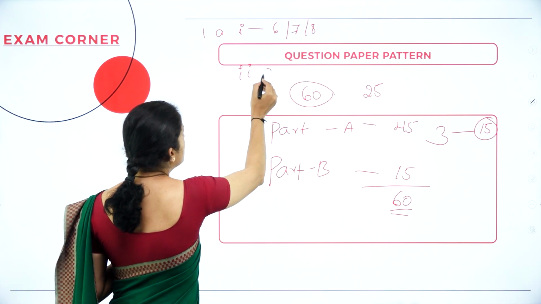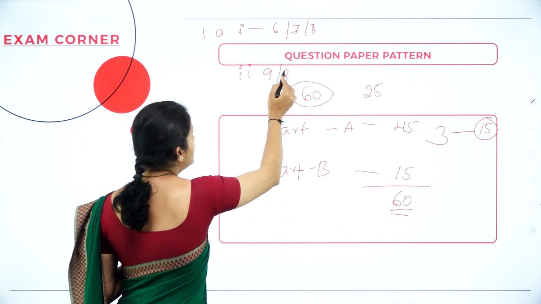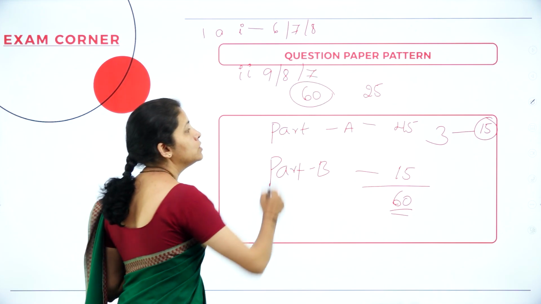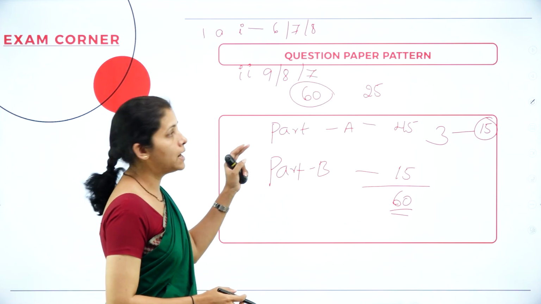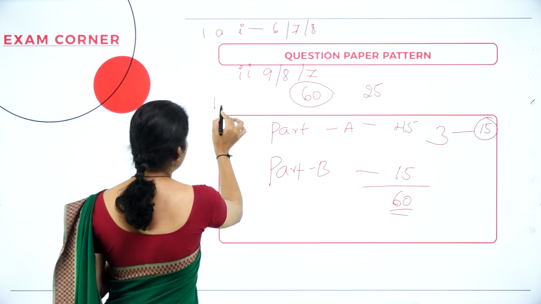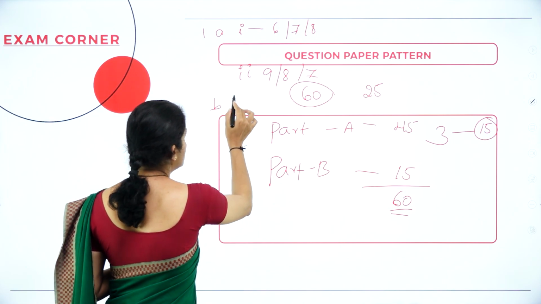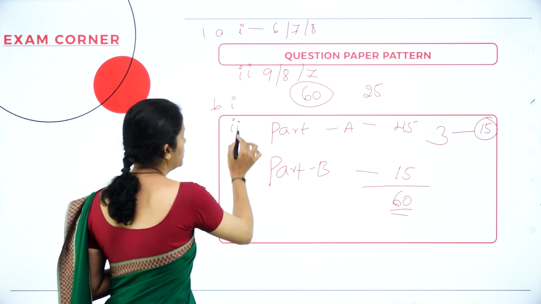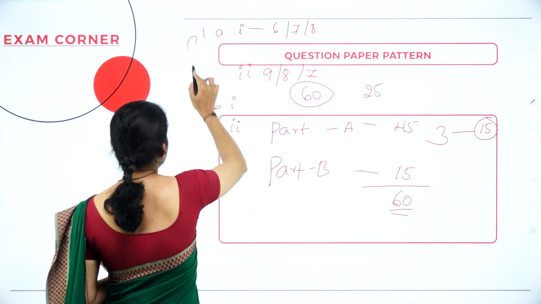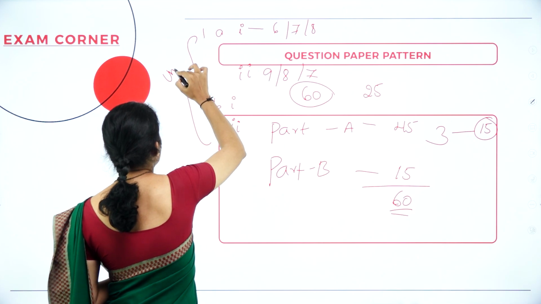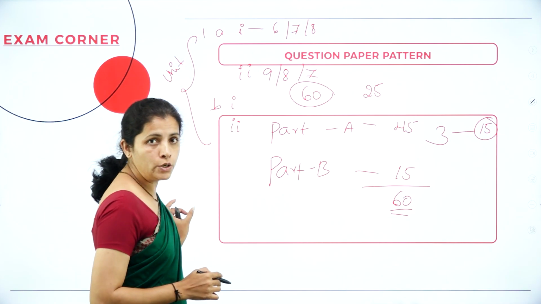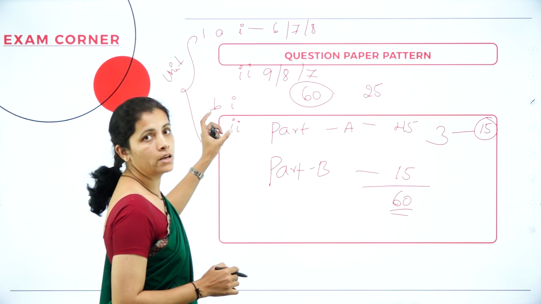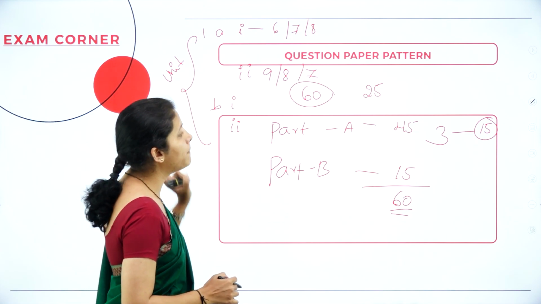See here, 9, 8 or 7. So altogether it is 15 marks. And if I consider B, once again, first question and second question. So these are the questions from your unit 1. And if I consider unit 2, same pattern. If I consider unit 3, same pattern.